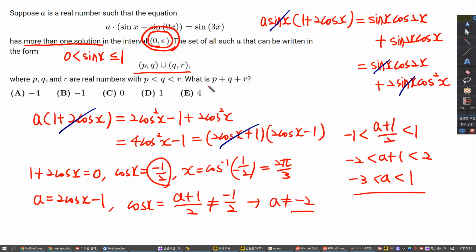So what's the value of p in this inequality? P is minus 3. Okay. And Q is minus 2. And R is 1. Yeah, so what's the sum of these three? -4. Yep.